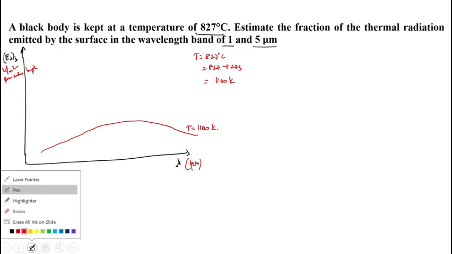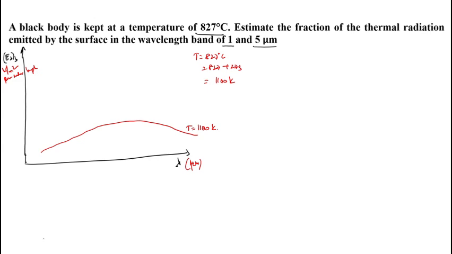Here we need the energy emitted by the fraction from 1 micrometer to 5 micrometer. So this is the area we are going to calculate. How can we calculate this area? This can be calculated by the standard procedure which is available in the data book.